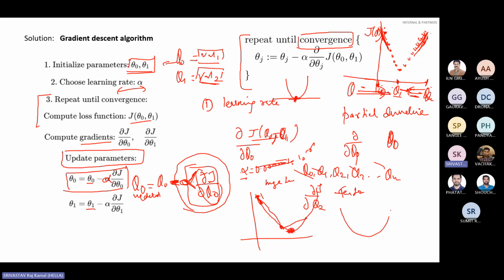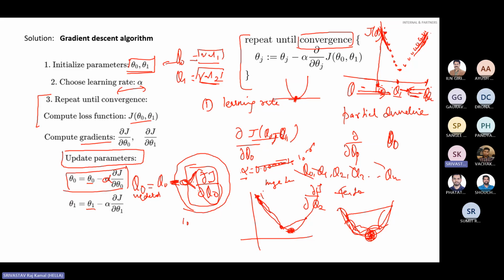Keeping a very high value of alpha, you will keep jumping like that, taking very high steps, so you will always bypass the local minima and will not be able to reach it. So that's a drawback. A low value means you take a very long time, 100 hours, so practically it's not good for model training.